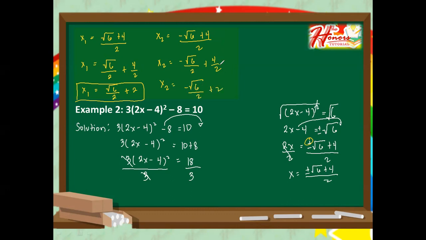Plus 2, 4 divided by 2 is 2. So the roots of this equation is x sub 1 equals square root of 6 over 2 plus 2. And we also have here negative square root of 6 over 2 plus 2. So that is the roots of 3 times the quantity of 2x minus 4 squared minus 8 equals 10.